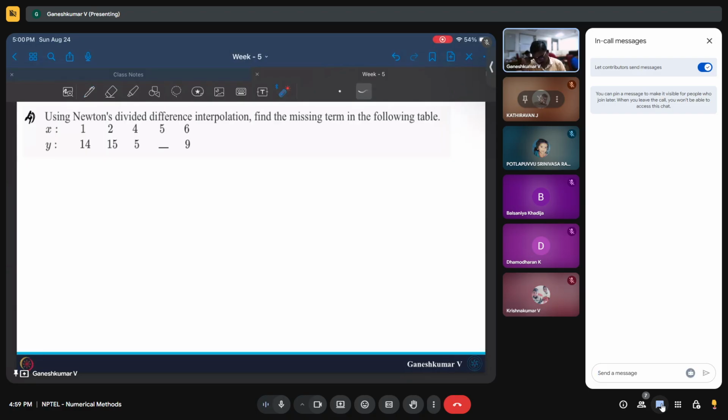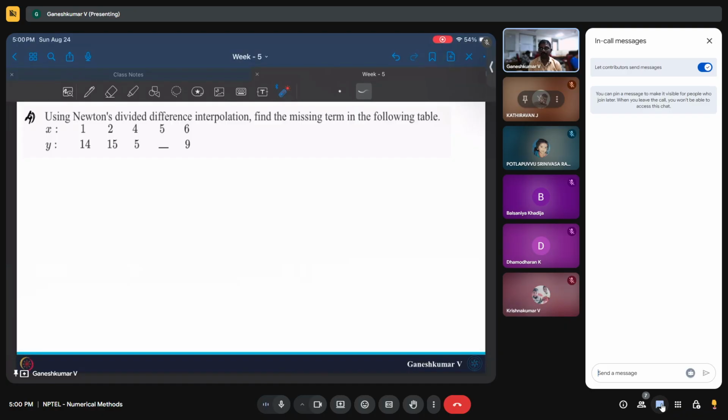This is also again the Newton's divided difference interpolation. Only thing is we are asked to find a missing term. Last week we saw one problem in this manner, where we were asked to find the missing function value for one of the data points. There, because it was equidistant, we used forward difference.